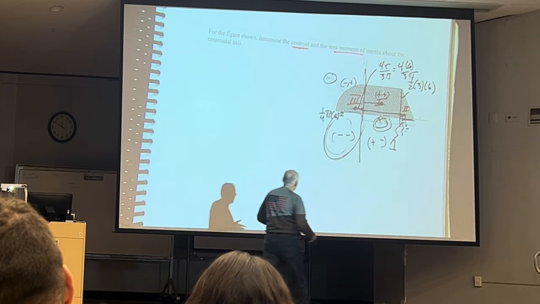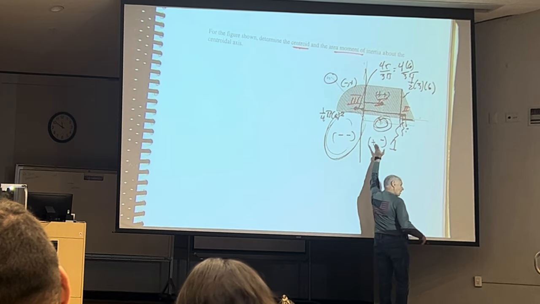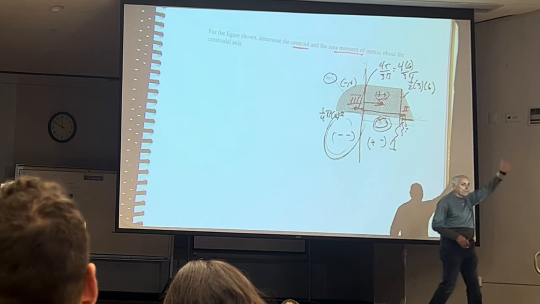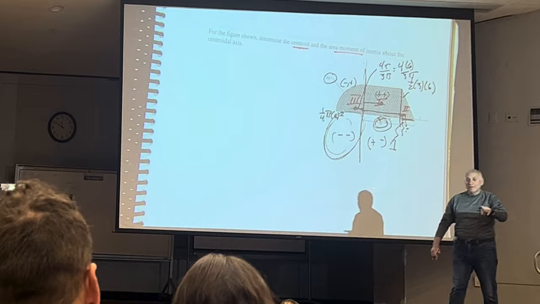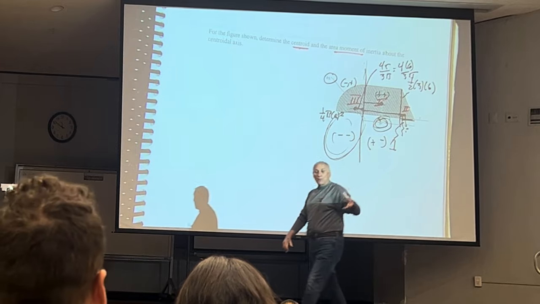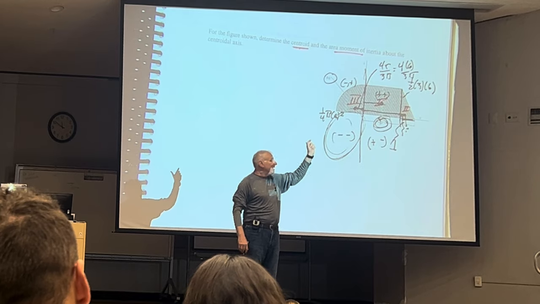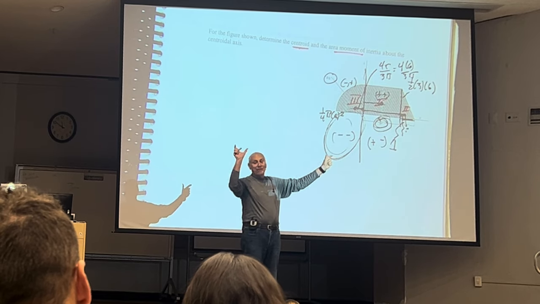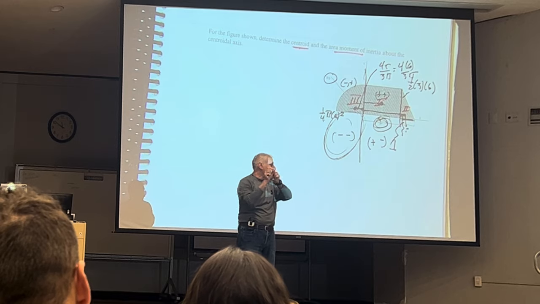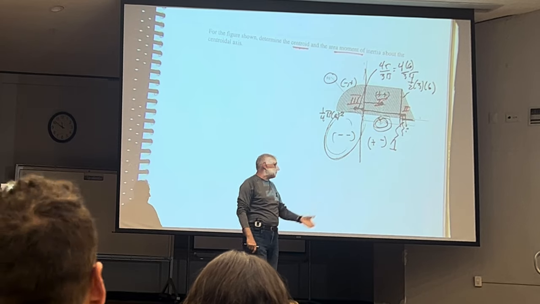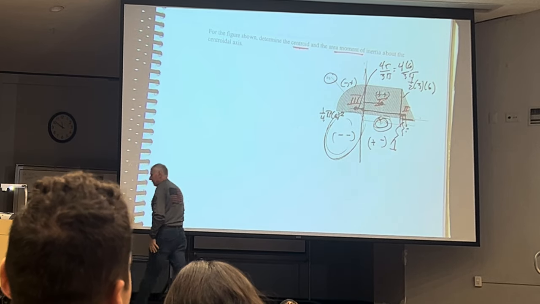If you're over here in the 4th quadrant, I should have a positive X but a negative Y. So I could have a cutout piece in the 2nd quadrant, which means I'd have a negative area and a negative X bar, which when you multiply together gives me a positive. You've got to be careful with the positives, negatives.